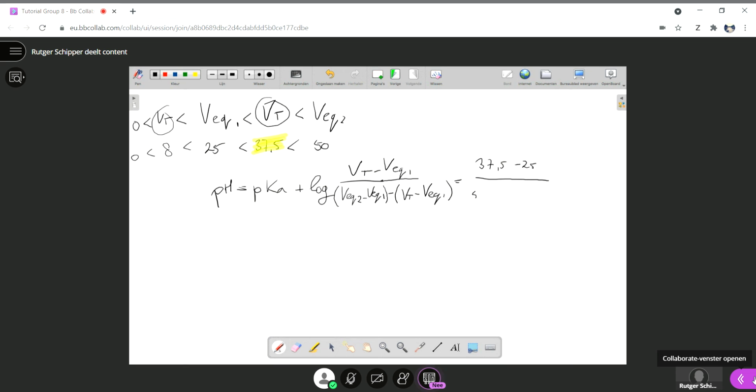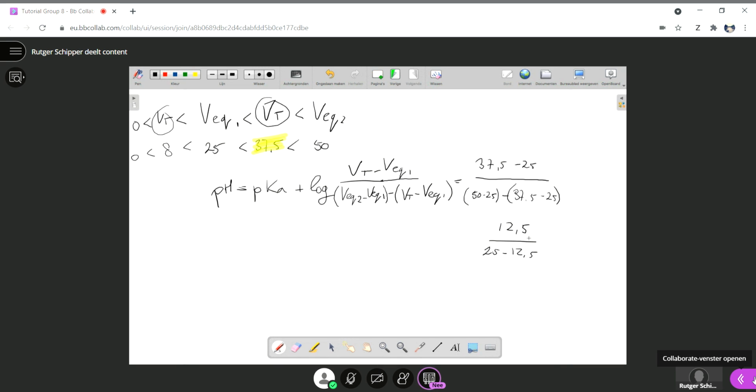So it's 50 minus 25 minus 37.5 minus 25. So it basically gives us 12.5 divided by 25 minus 12.5.